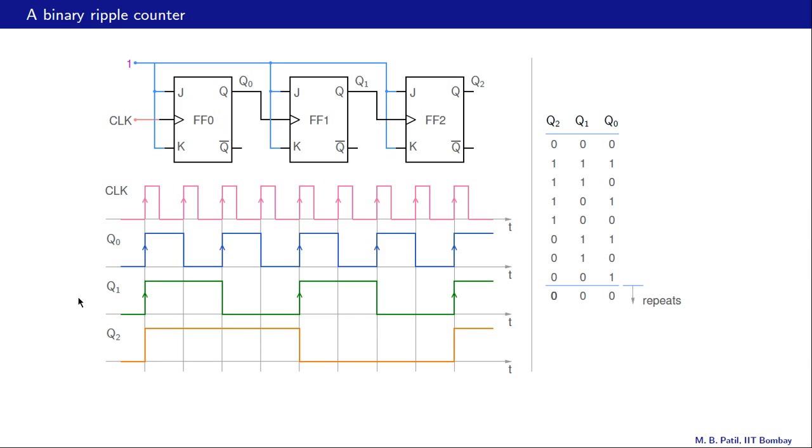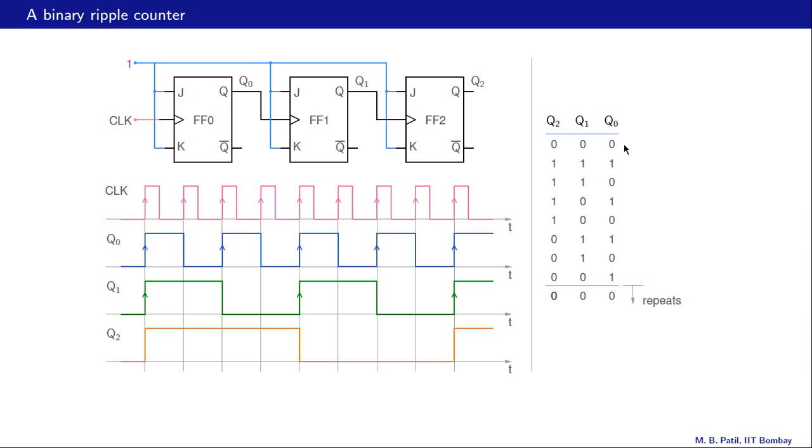Let us now construct the state transition table for this counter. We begin with Q2, Q1, Q0 equal to 0, 0, 0. The next state is 1, 1, 1, followed by 1, 1, 0, then 1, 0, 1 and so on. So this is the table: 0 0 0, 1 1 1, 1 1 0, 1 0 1, 1 0 0, etc. And then finally once again we have 0 0 0 and the counter repeats.